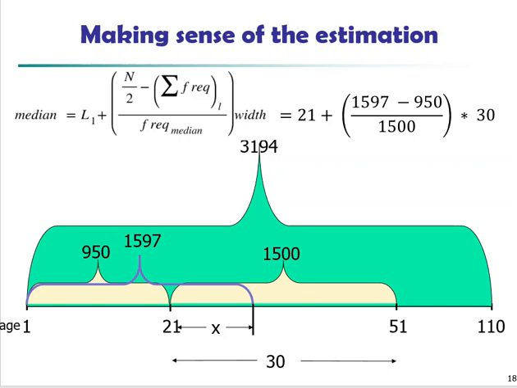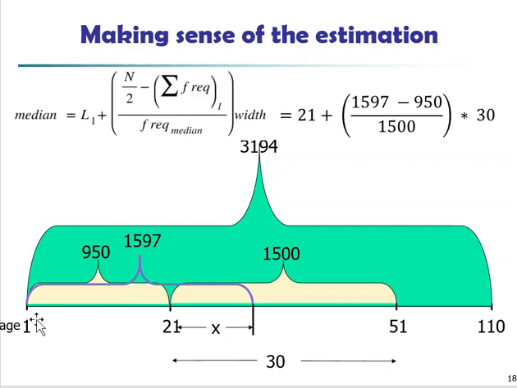If you don't, then I have illustrated it. I drew a picture to show why this formula works. The lower part is the age in my graph. The upper part is the count, the frequency, how many individuals fall within each range. Given that the age was from 1 year old to 110 years old, we have a total of 3,194 observations.